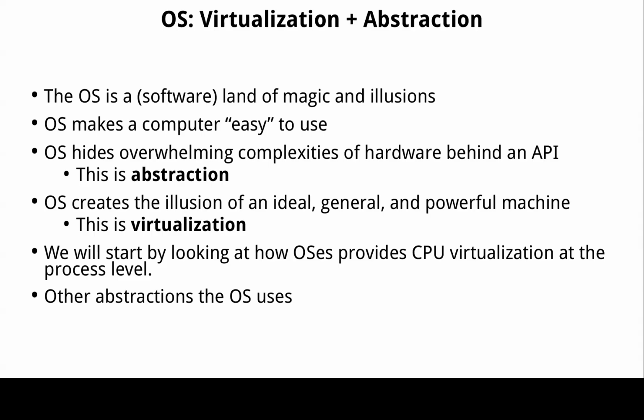We provide different applications, different processes, an illusion that they have full control of the whole computer, even if they don't, because hundreds of applications, hundreds of processes, are actually sharing the same hardware, right? This illusion is created by the concept of virtualization. In particular, in this class, we look at how OS provides CPU virtualization at the process level.